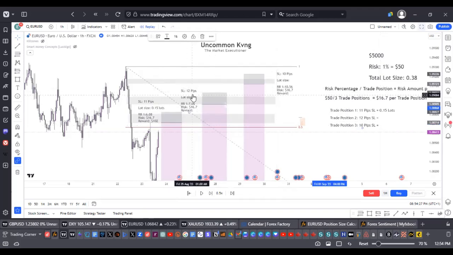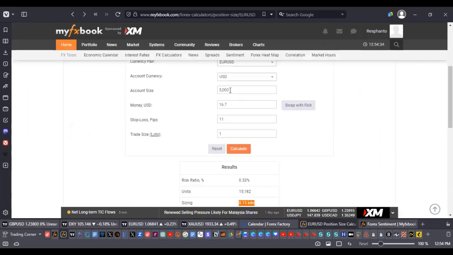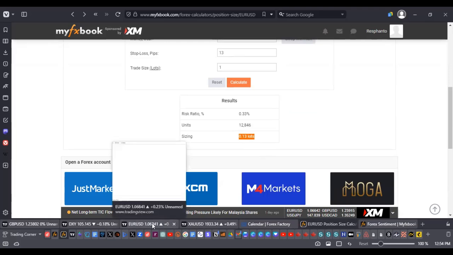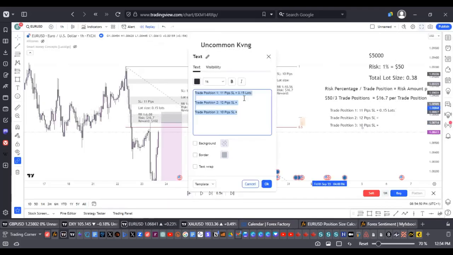Now let's calculate for this one. So this is 12 pips, still risking the same amount. So we come here and the same capital, the same amount you're risking for that trade, but this time around is 13 pips, 1 position. You find that our lot size here is 0.13. Okay, so at this point, for the second position, we are operating with 0.13 lots.